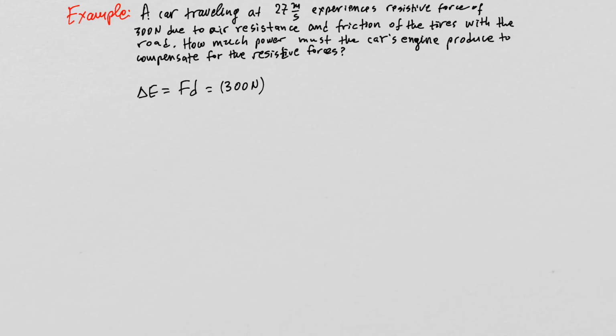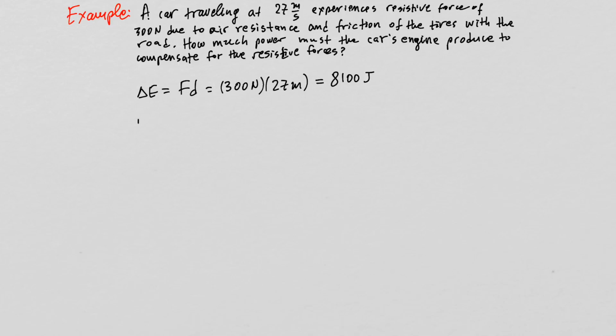That is the resistive forces acting together. The distance traveled would be 27 meters. So 300 newtons times 27 meters. That gives us 8,100 joules.